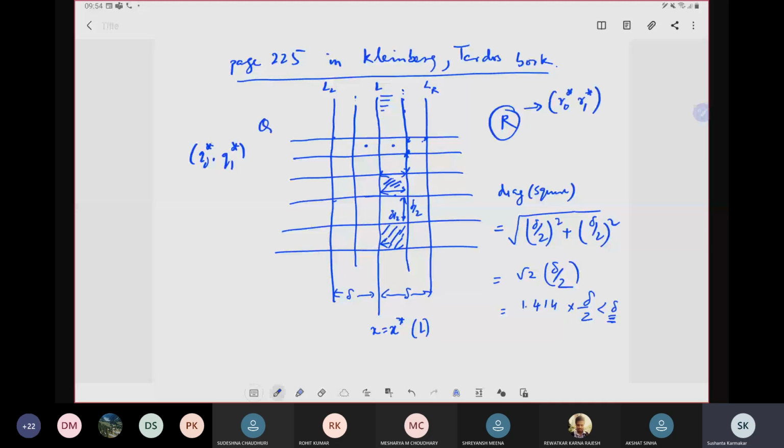I mean, it must be my S and my S prime. These 2 points, S and S prime, must be on both sides. They cannot be on the same side, because the same side I have already found out by recursive calls. Okay. Now, with this idea, I ask where this S and S prime can be.